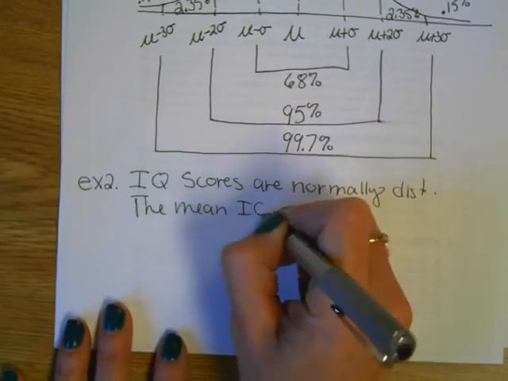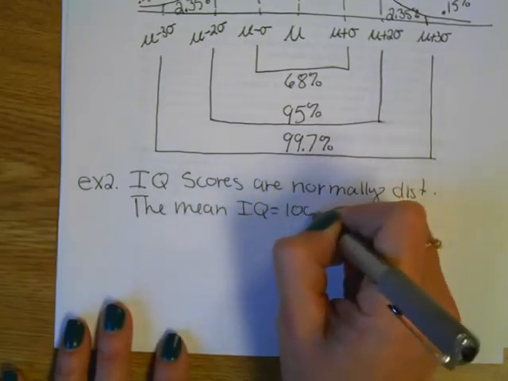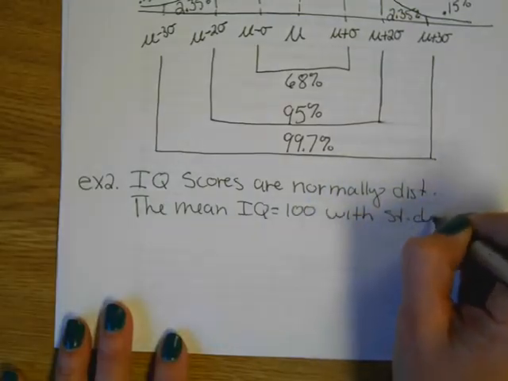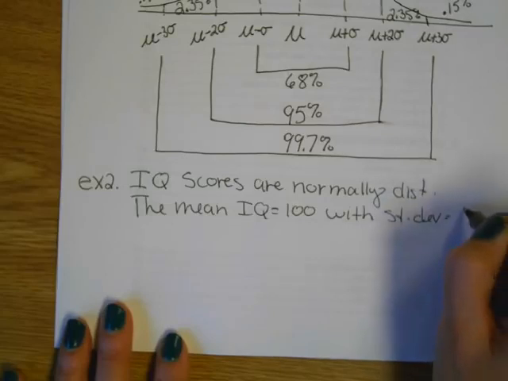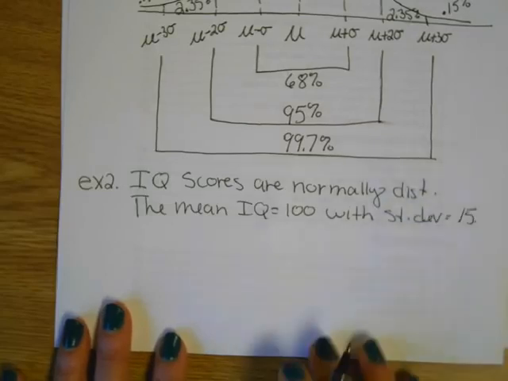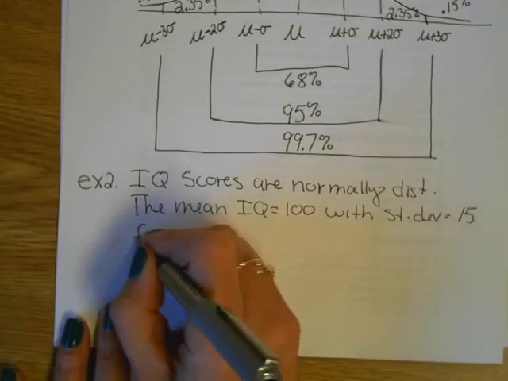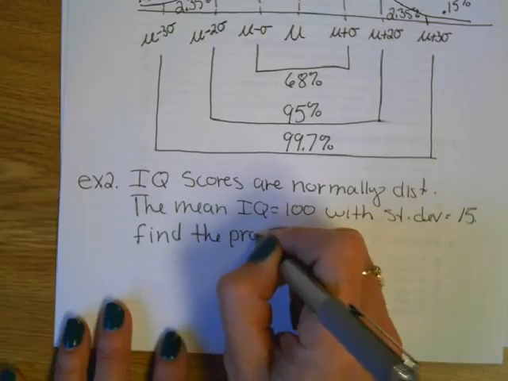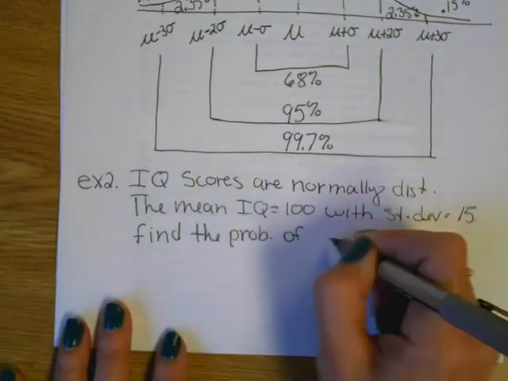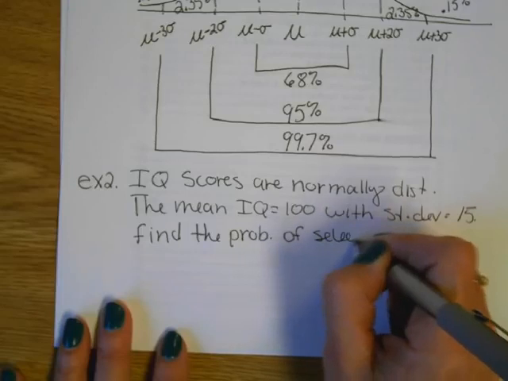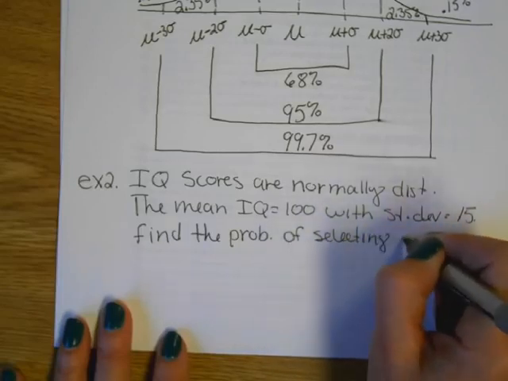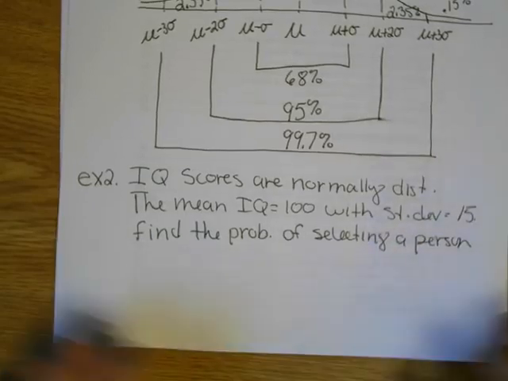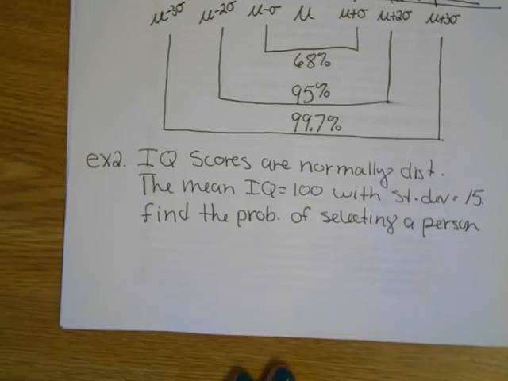The mean IQ score is 100, with a standard deviation of 15. Can you find the probability of selecting a person, and I'm going to ask some questions.